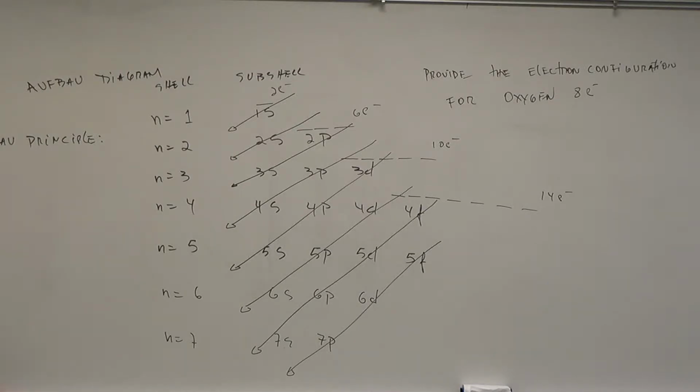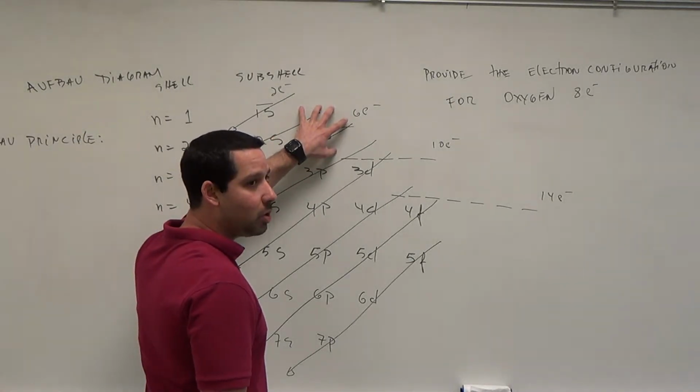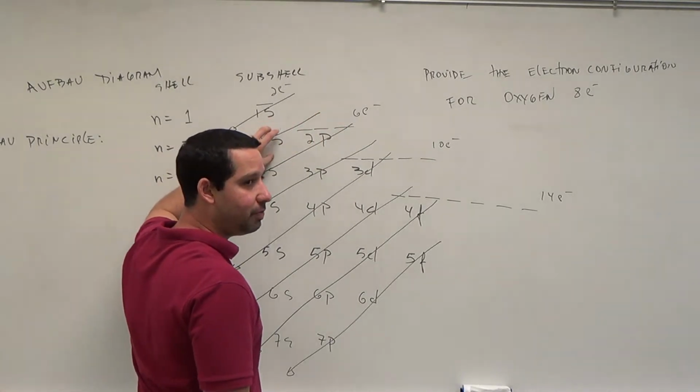The Aufbau principle says, before you fill... No. You don't write this down. You just listen. Before you fill higher energy subshells, you have to fill completely the lower energy subshells. Is this a subshell? Yes or no? Yes. Before I fill this one, I gotta fill the lower energy one, which is this one. I gotta completely fill it.